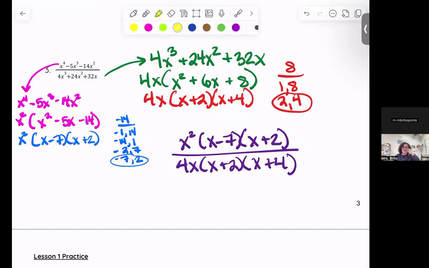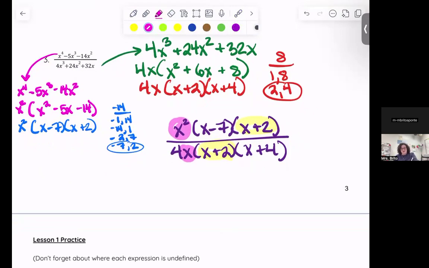Now I have to look for anything that can cancel. There's an x plus 2 on the top and an x plus 2 on the bottom, so that can go away. Bye-bye. I also have an x squared over x. If you remember your exponent rules, when we divide, we subtract. So we can just do 2 minus 1 and have an x left over. So that numerator has an x left, along with that x minus 7.